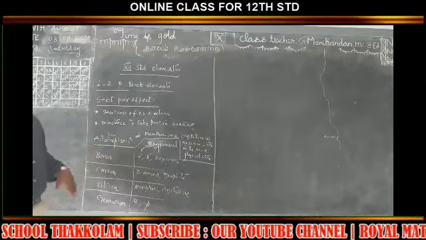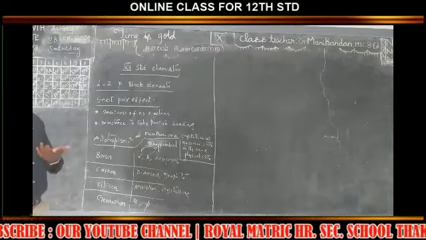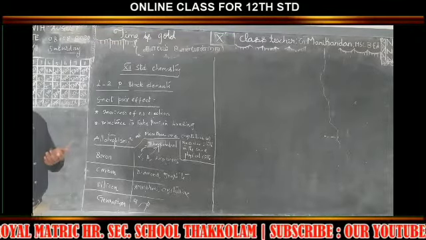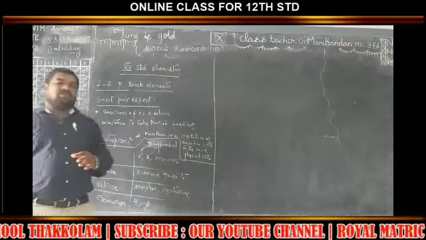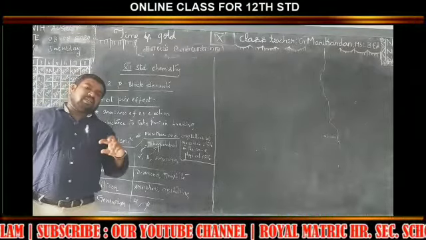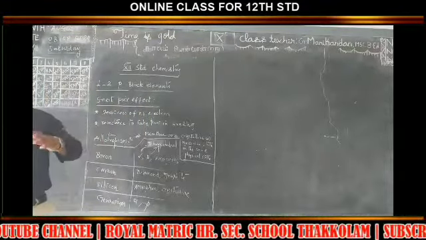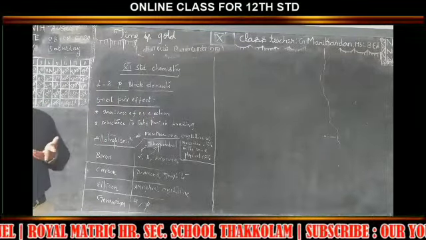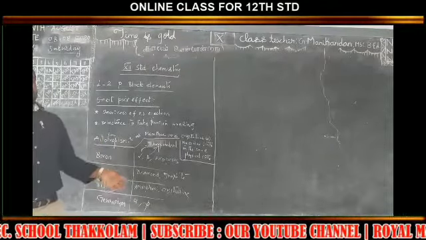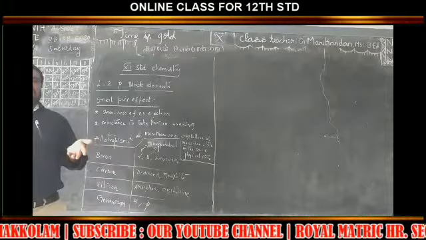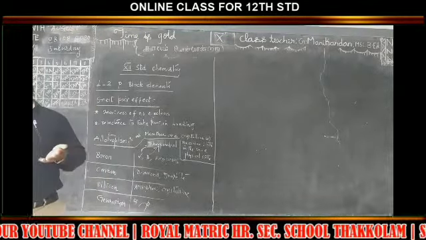Next, allotropism: more than one crystalline, amorphous or molecular form in the same physical state, but with different structures, so the physical property is the same. Otherwise, what will differ? Chemical properties will differ. There are a few examples given in the form of a table in your textbook. You have to refer to it thoroughly.